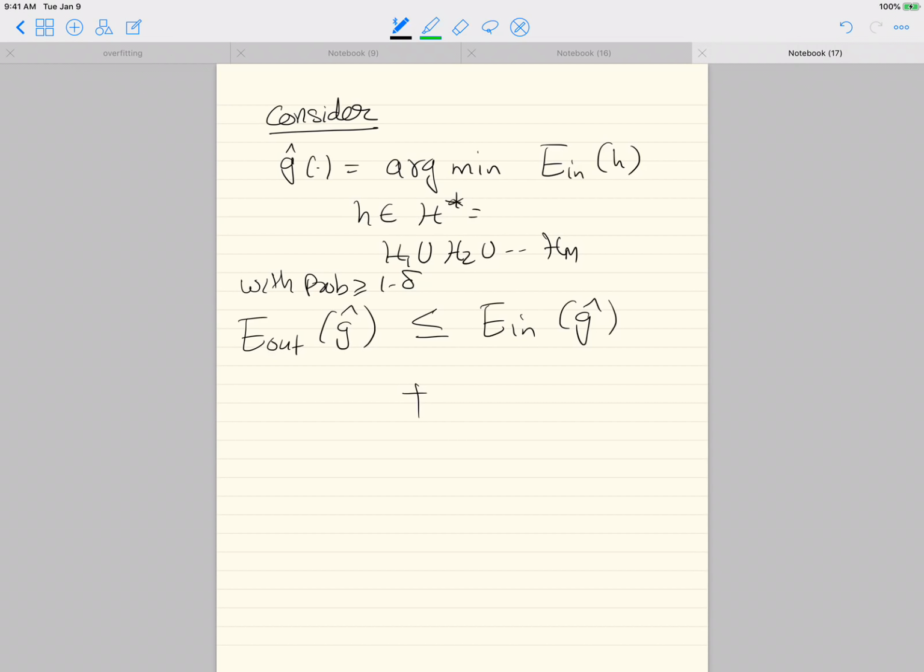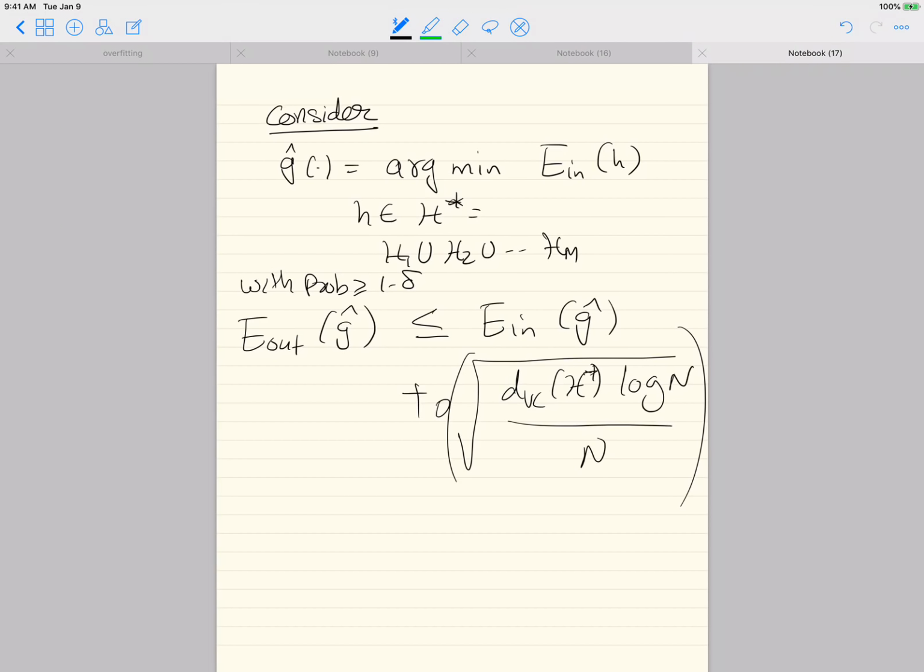Did this before, perhaps last week. It depends on the VC dimension: dVC of H star, log n by n. It will scale in this fashion, right? That's how you get generalization bounds.